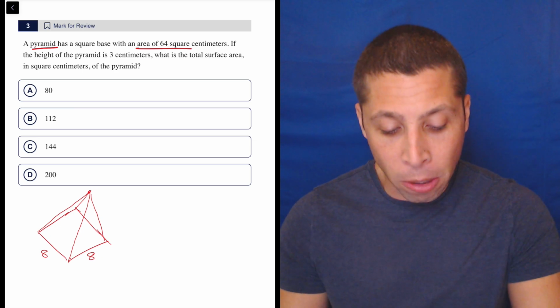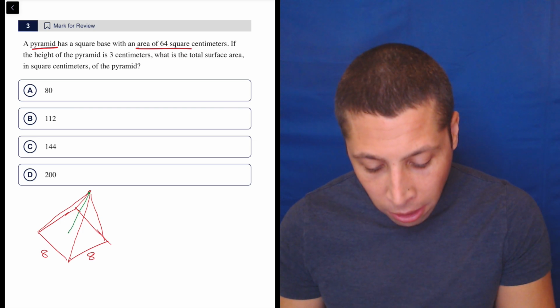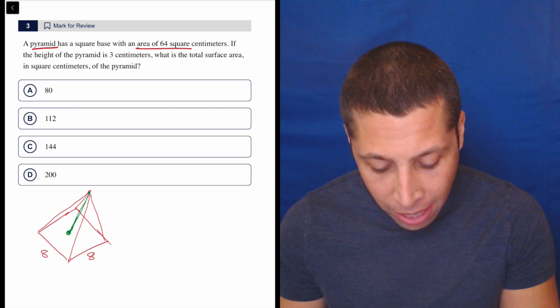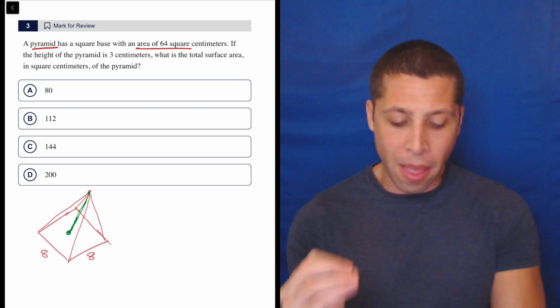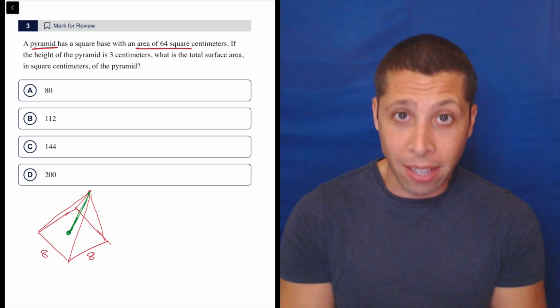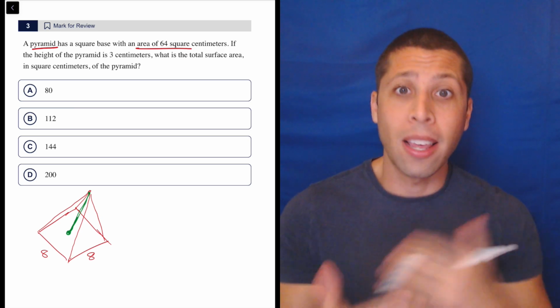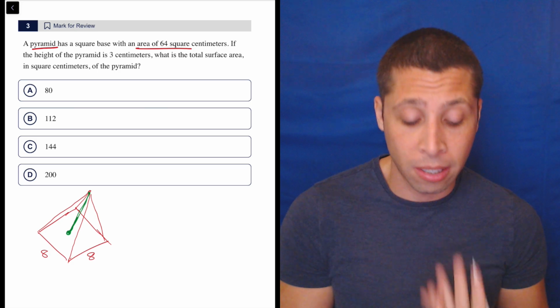So that's nice and easy. But the height of the pyramid is tricky. We need to recognize that that is some interior dimension. So that's inside the pyramid, not on it. That point I just drew in the center there is the middle of the square base. So this is a line that drops right down. Again, in the reference chart, the picture they give us of a pyramid has a height drawn in a similar way.